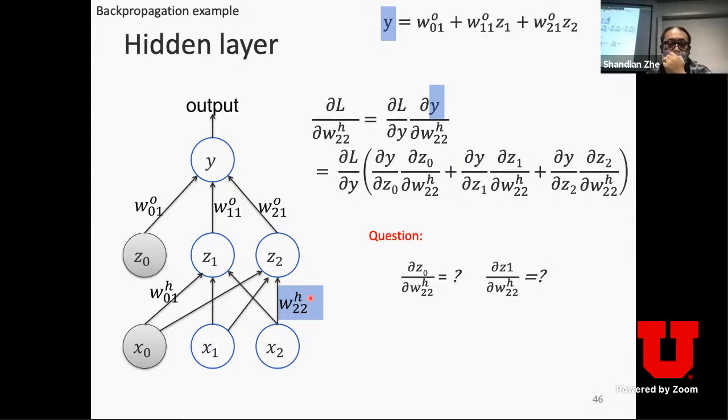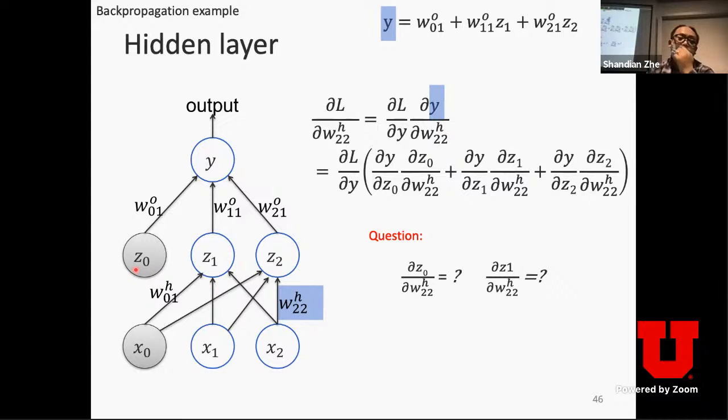But the key observation is here: Z0 and Z1 actually do not depend on W22H. You can just look at the rule of the neural network forward pass. Z0 is just constant 1. Z1 is computed from the input neurons for sure, but based upon other edge weights. In other words, W22H stays on an edge which never connects to Z1 or Z0.